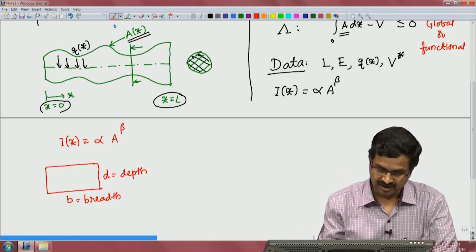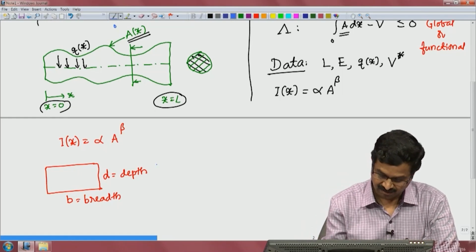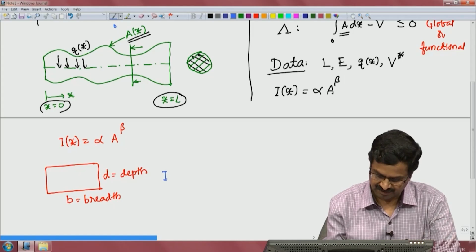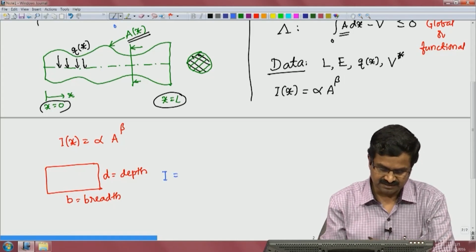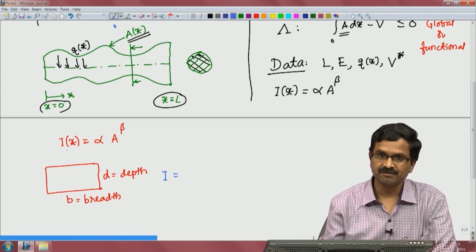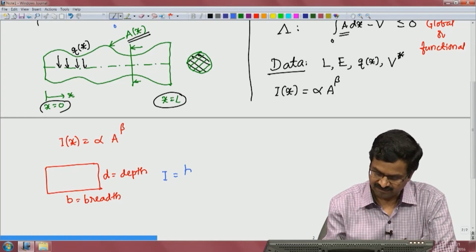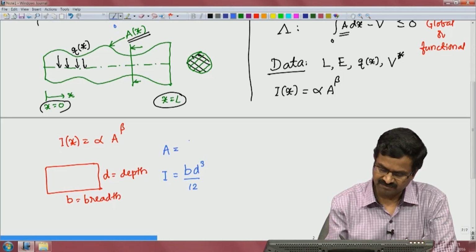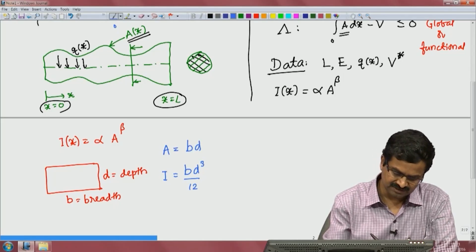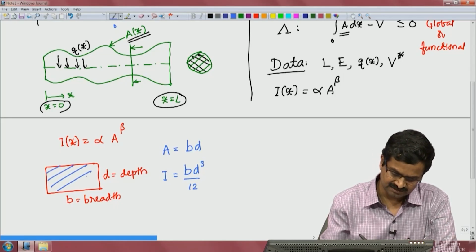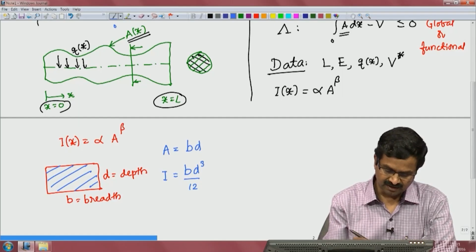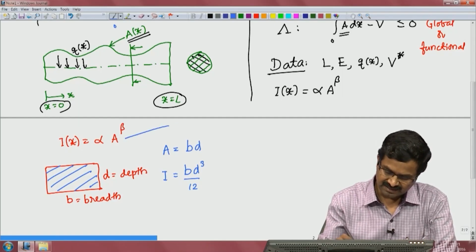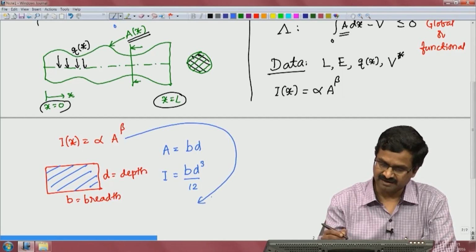Okay. So, if we have this, we all know, or many of you would definitely know, that this I, which is the second moment of area, is given by B d cube by 12, and area of cross section is given by B times d for this rectangular cross section. Okay. So, here if I want to write in this fashion, we can, right.